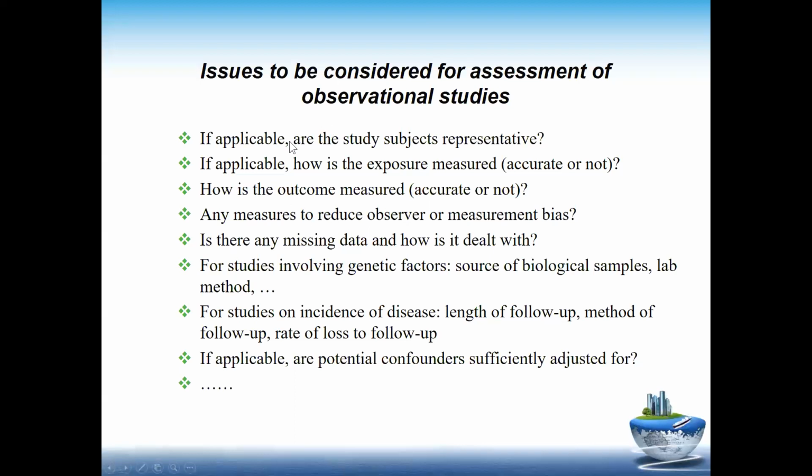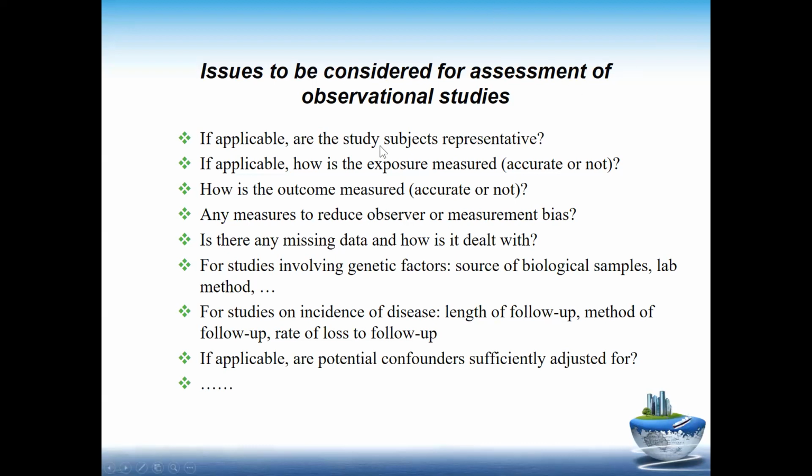Number one, if applicable, are the study subjects representative? For example, if you are doing a systematic review of cross-sectional studies of prevalence, representativeness is of paramount importance, right? So you need to make sure that the subjects are representative.